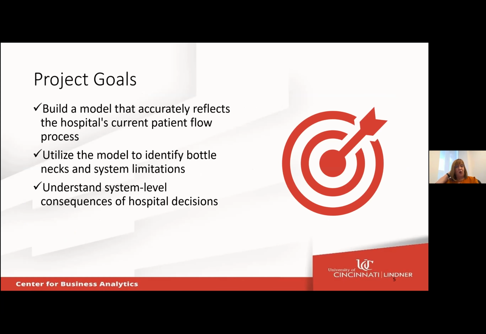Our project goals as we set out were to build a model that accurately reflects the hospital's current patient flow process. We wanted to utilize the model to identify bottlenecks and some system limitations, and then understand from a system level the consequences of hospital decisions or changes.